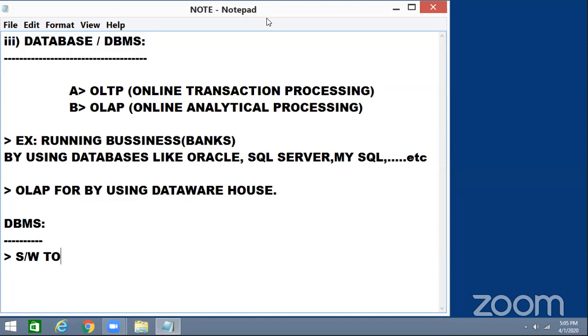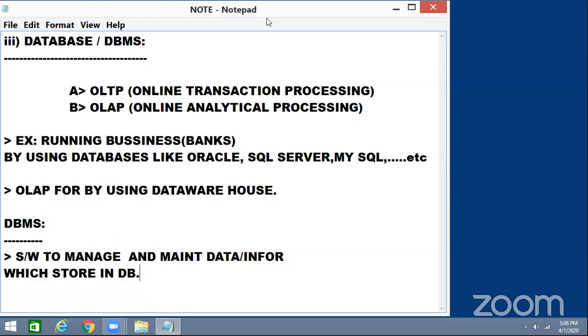The software we are going to use to manage and maintain data or information which is stored in a database. Whatever data or information we are storing in databases, how to manage and how to maintain those data.